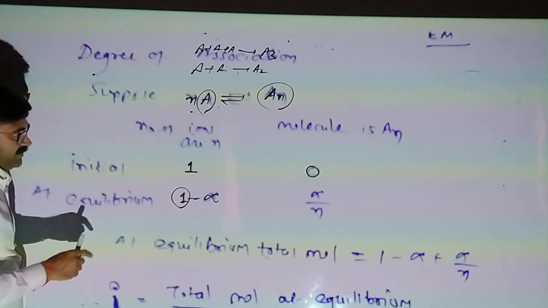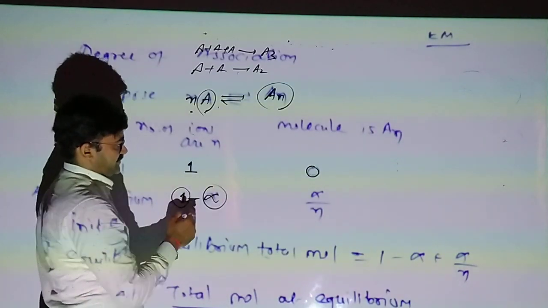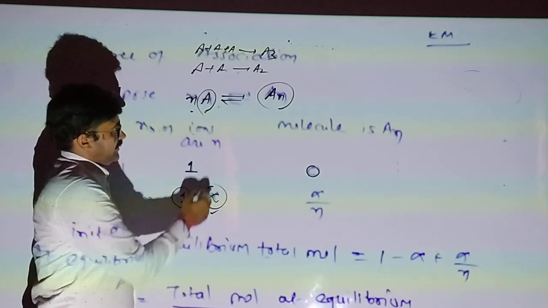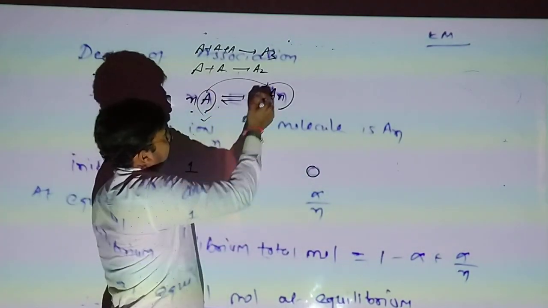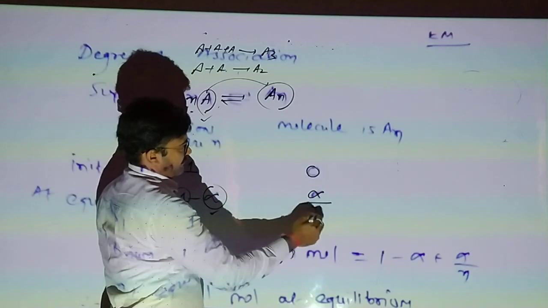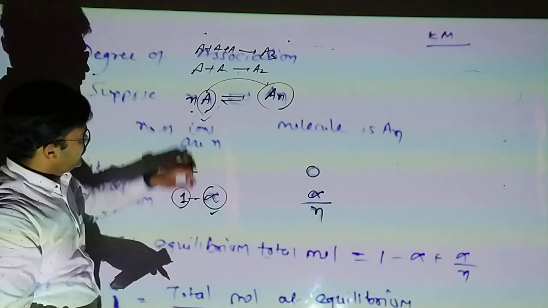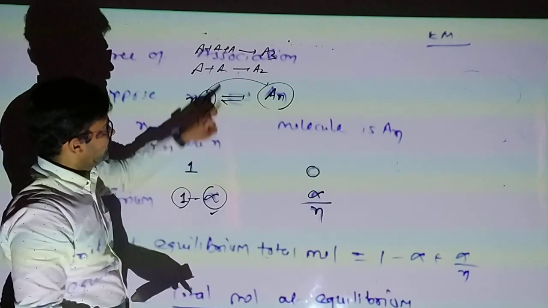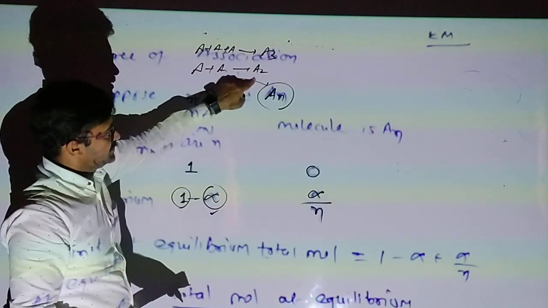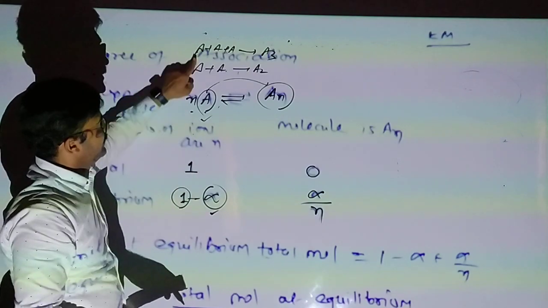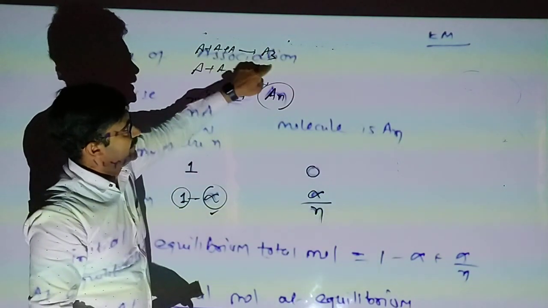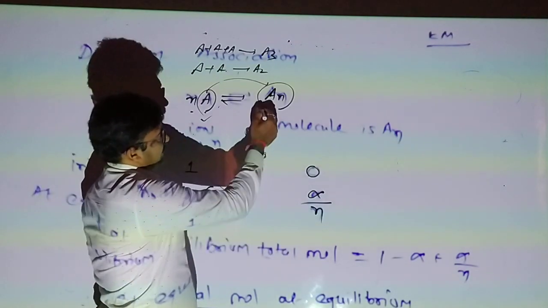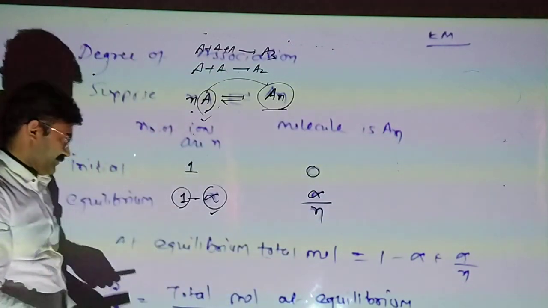From 1 part, alpha part experiences association. તો આ alpha હોય associate થાય તો n times less થઈ જાય એટલે alpha by n. 2a માંથી a2 બને એટલે બે પાર્ટિકલ માંથી 1 થાય એટલે 1/2 થાય. 3 પાર્ટિકલ માંથી 1 પાર્ટિકલ થાય એટલે 1/3 થાય. તો alpha પાર્ટિકલ માંથી alpha by n.